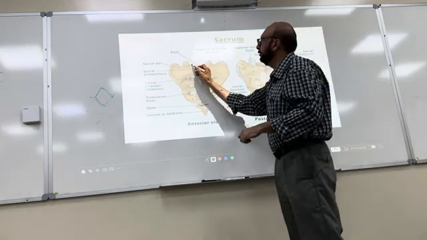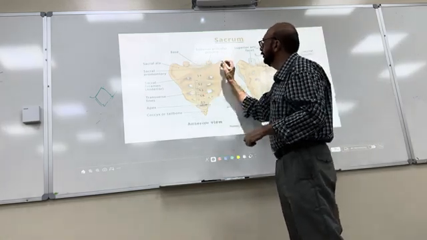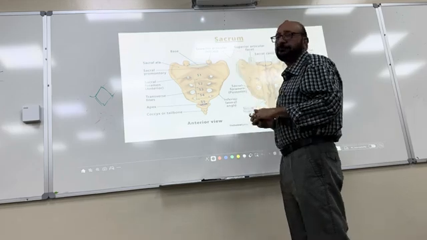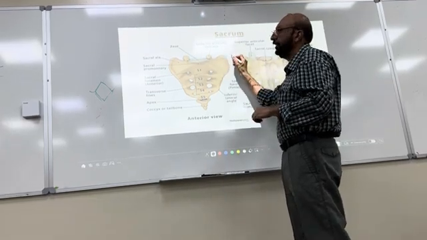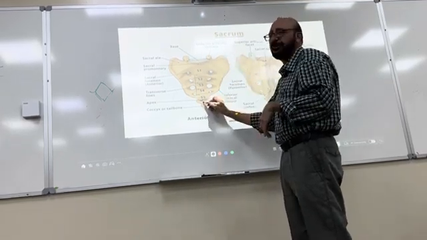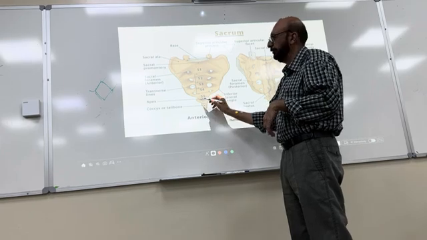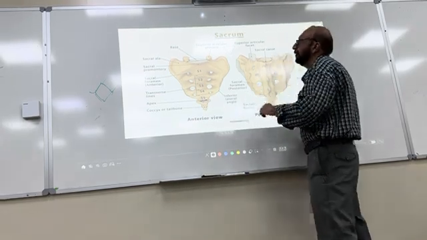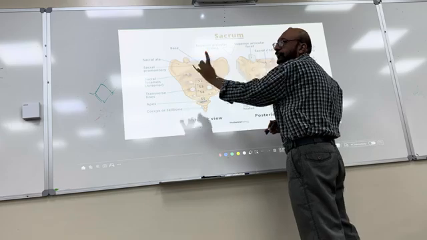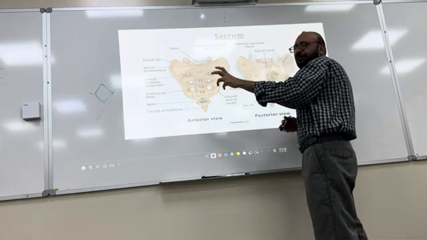This is the base of the sacrum. The sacrum is a triangular bone like this. Here is the base, here is the apex, down here. The apex of the sacrum makes a joint here. Then we have superior articular processes for L5 to attach.